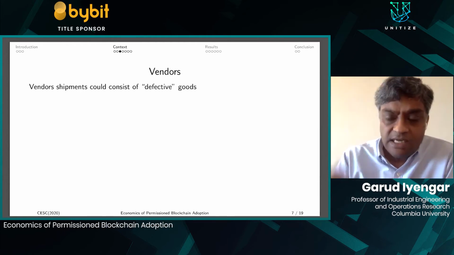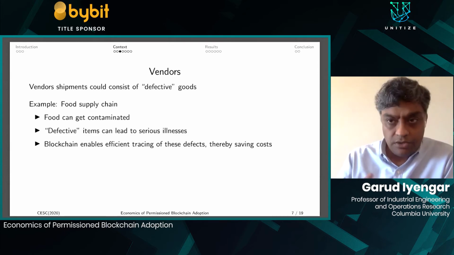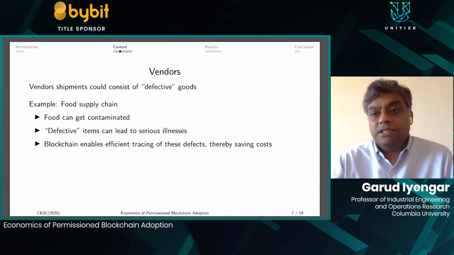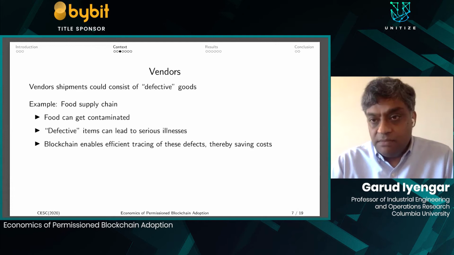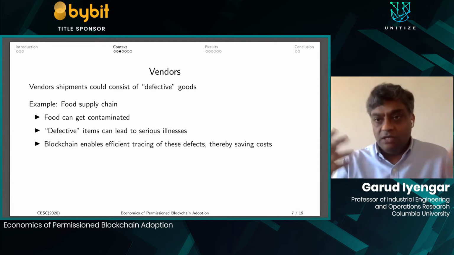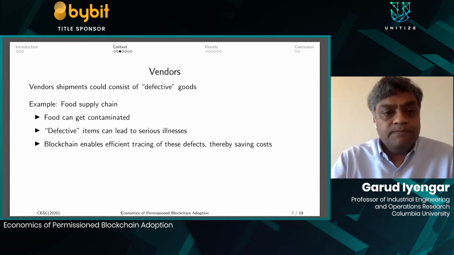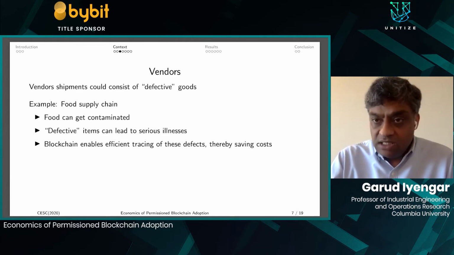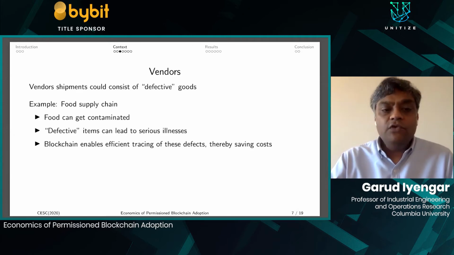And one canonical example that I want you to keep in mind while you're going through these slides is that of a food supply chain. The vendors here are farms. They potentially supply food items. Think of spinach. They supply spinach to all kinds of grocery stores. More often than not, things are fine, but food can get contaminated at times.